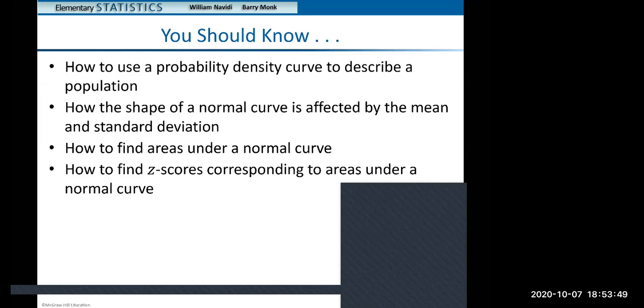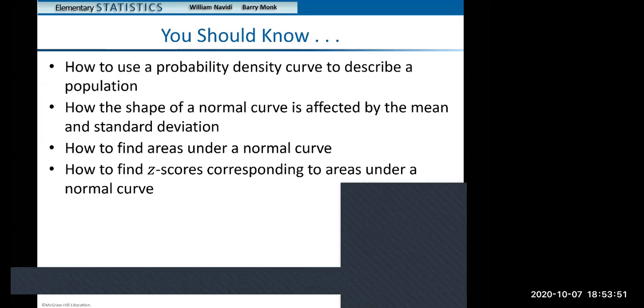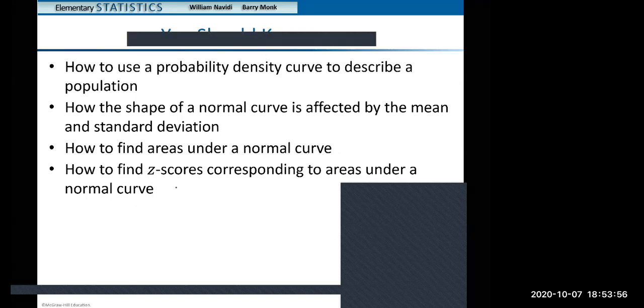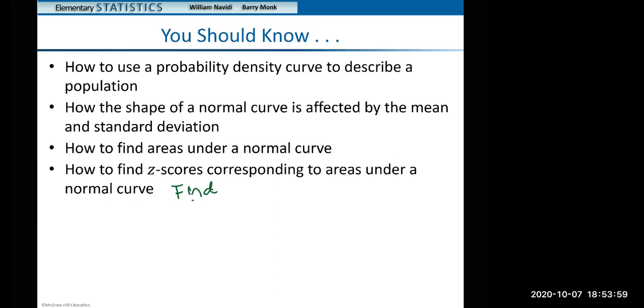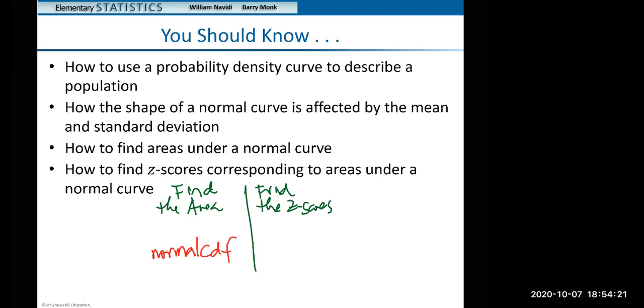Just to recall, and remember this. Whenever you see find the area or find the z-scores: find the area, meaning you have to use normal CDF.